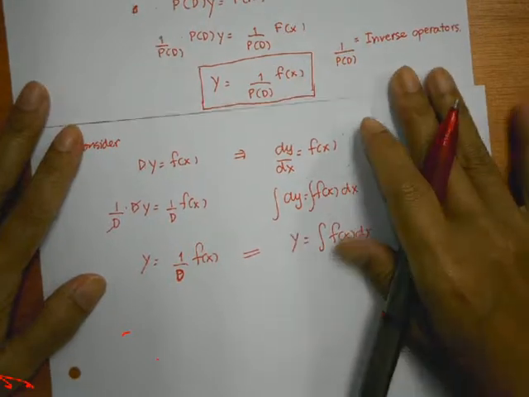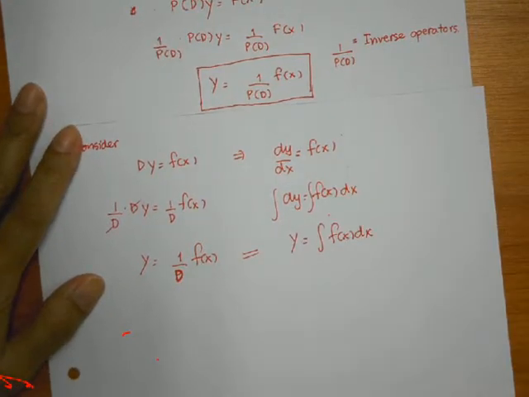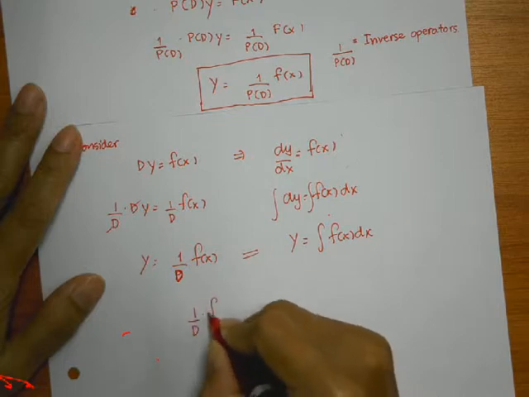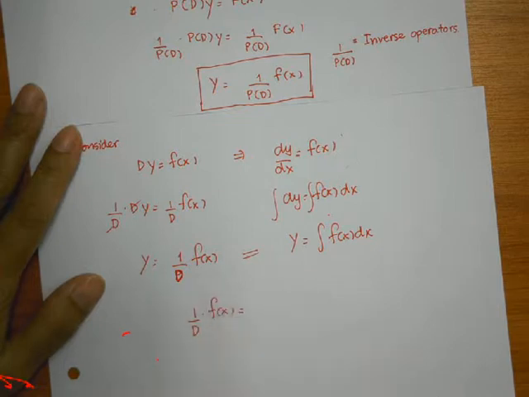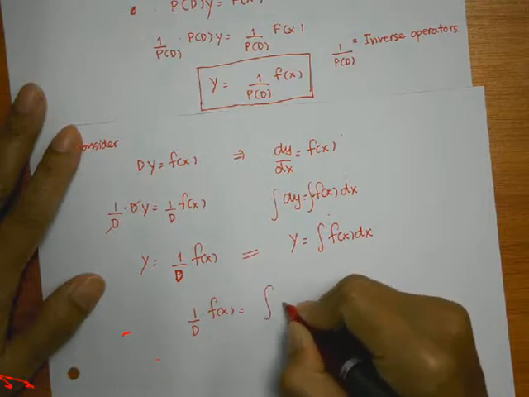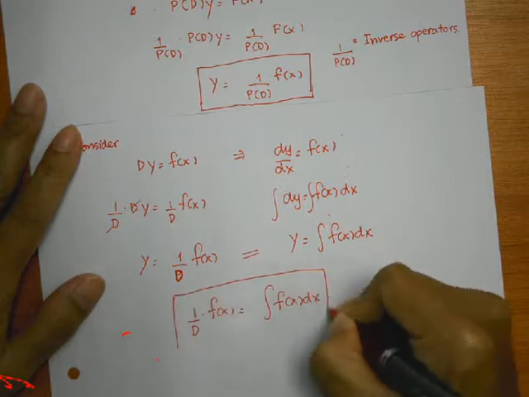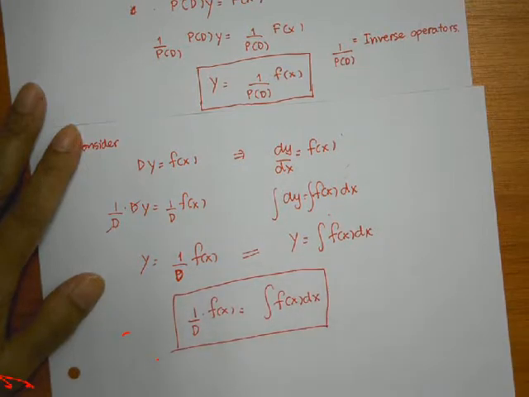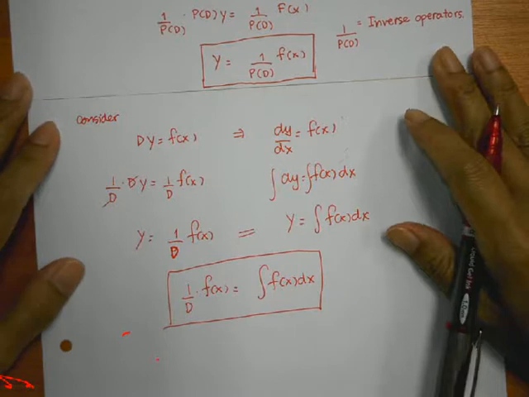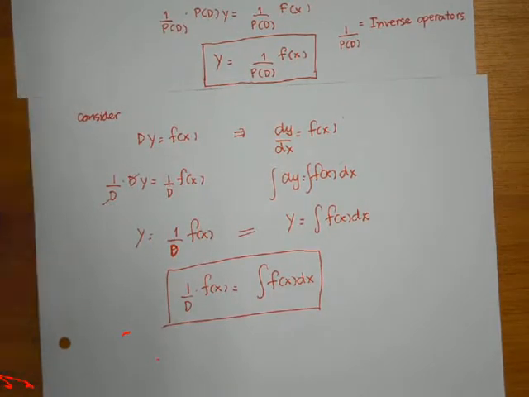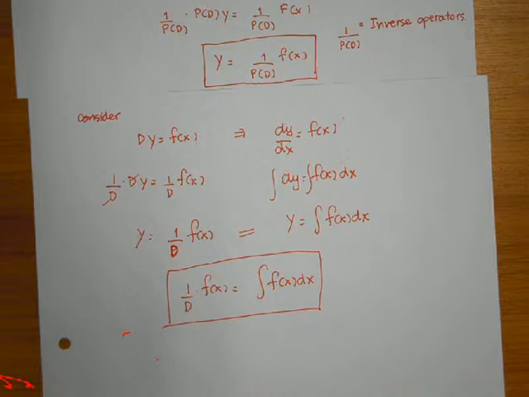So from this, we say that 1 over D times f(x) just means the integral of f(x) dx. That is the thing that we have to remember.